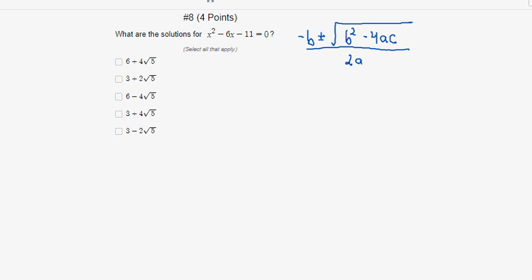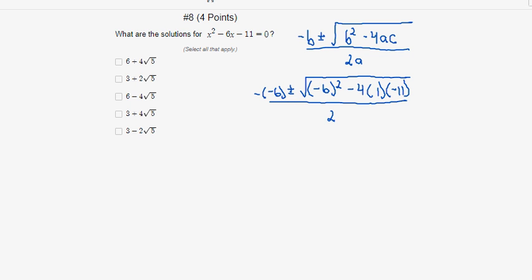B is negative 6, so we've got negative 6 plus or minus the square root of negative 6 squared minus 4 times 1 times negative 11, and that being divided by 2 times 1.